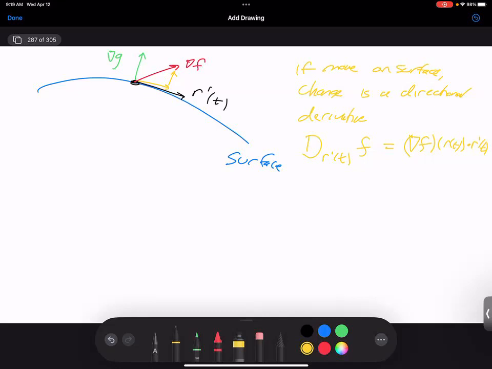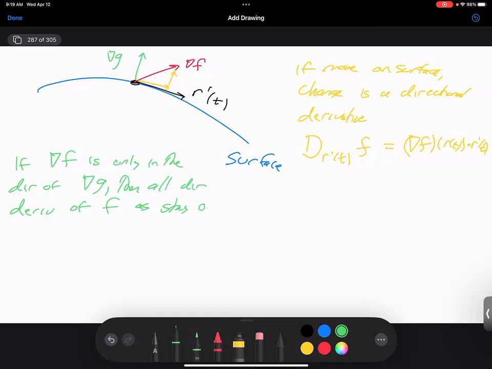So if the gradient of f is only in the direction of the gradient of g, then all directional derivatives of f as I stay on the surface are 0. So we have candidates for max and min.